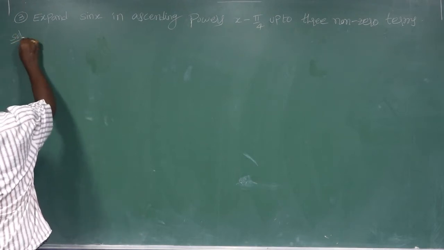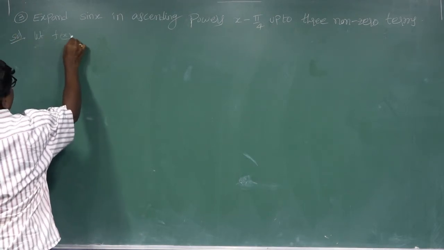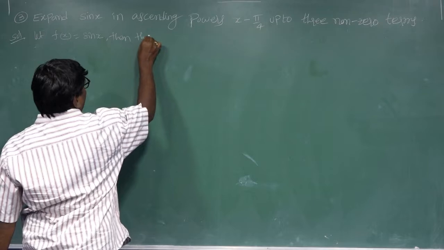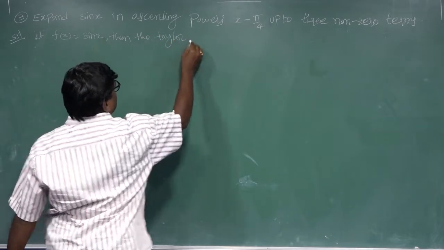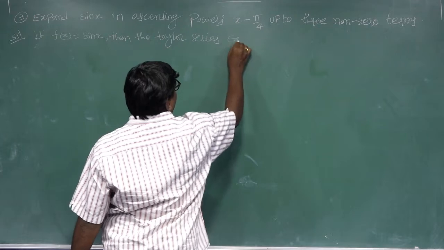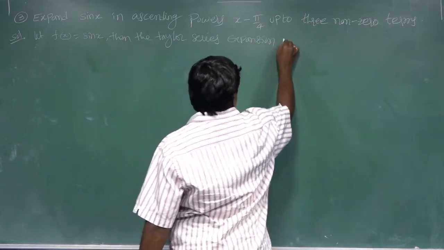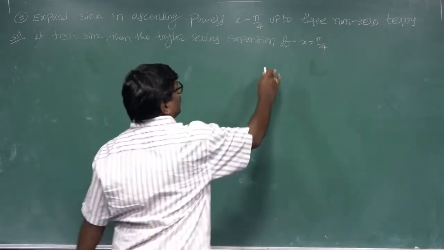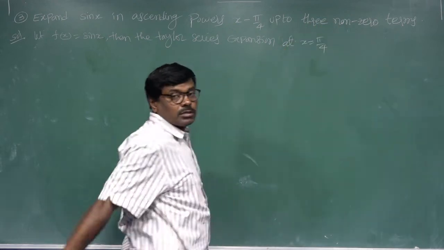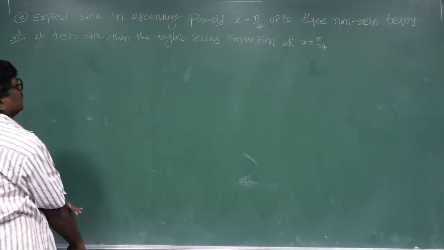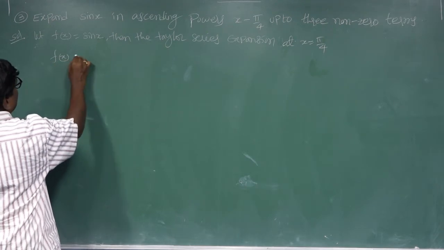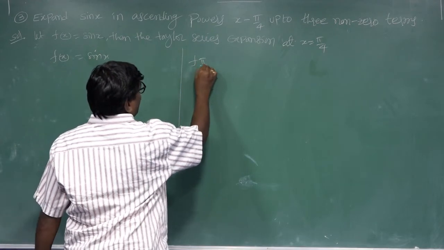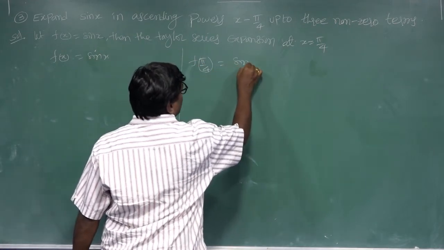The solution: let f of x equal sin x. Then the Taylor series expansion at x equal to pi by 4. f of x equals sin x, which implies f of pi by 4 equals sin pi by 4.